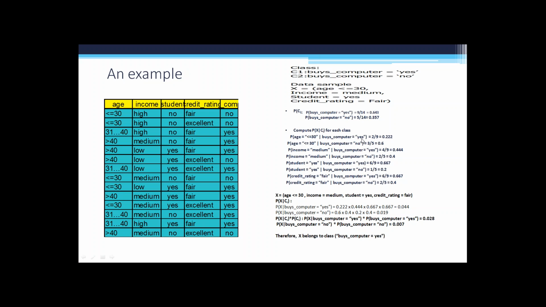This is a bit involved because I've gone through all the individual probabilities, but intuitively you should think of it like this.